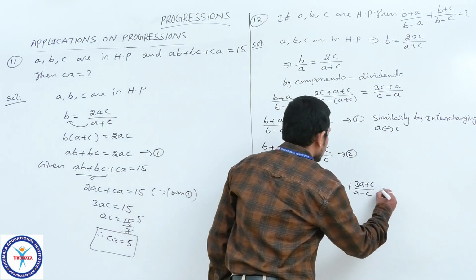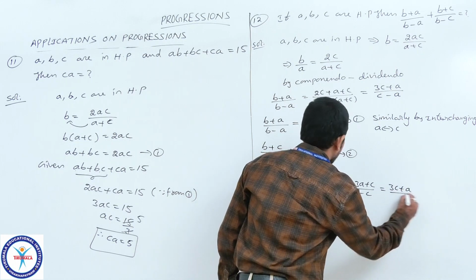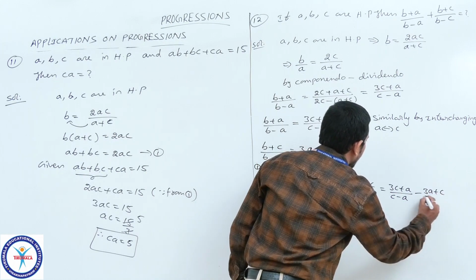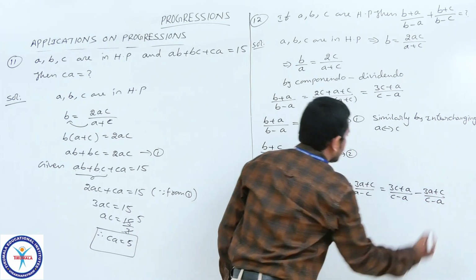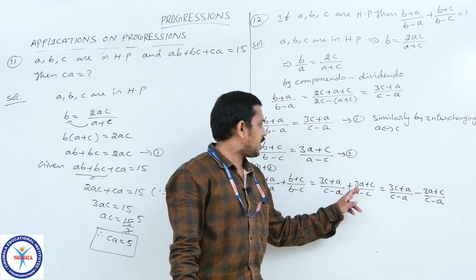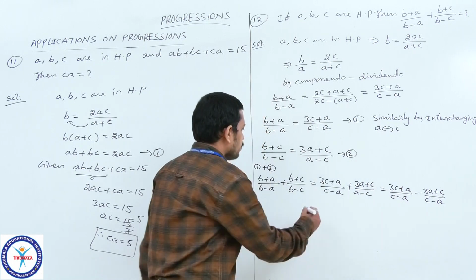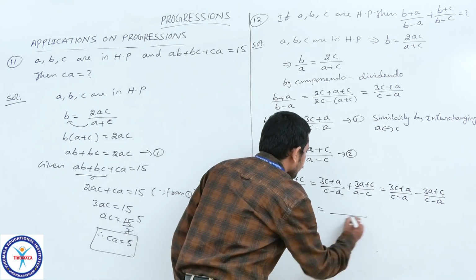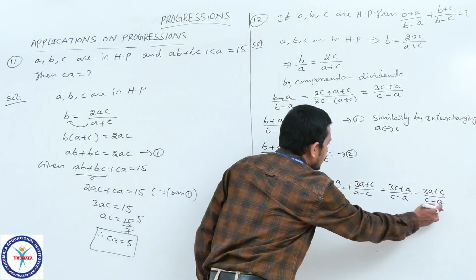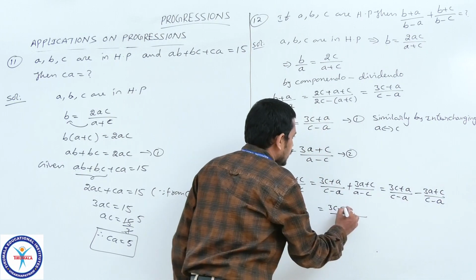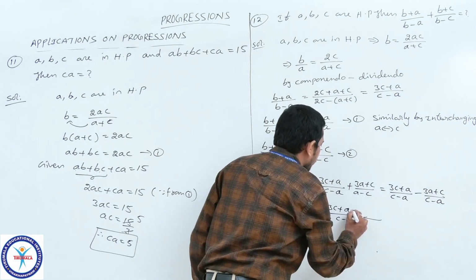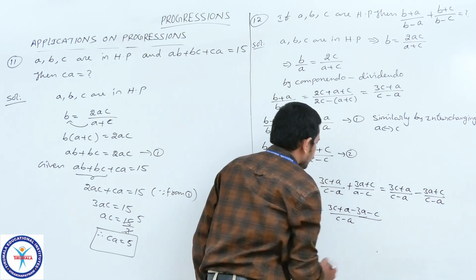Then it becomes (3C plus A) by (C minus A) minus (3A plus C) by (C minus A). By taking LCM C minus A, here denominators are equal, so add numerators: 3C plus A minus 3A minus C.